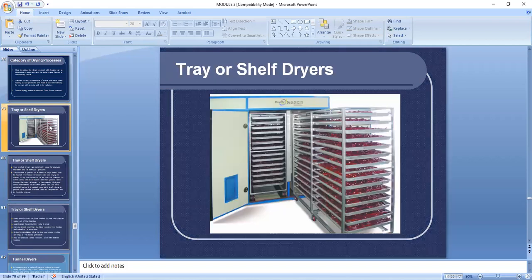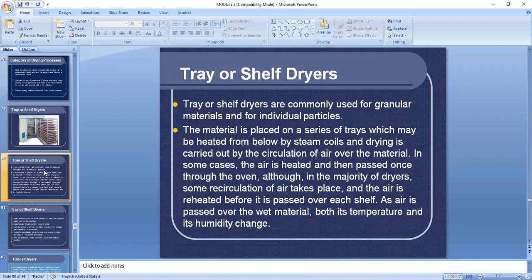So we have the tray or shelf dryers. Now they are used for granular materials and for individual particles or individual solids that need to be dried. The material is placed on a series of trays, which may be heated from below by steam coils, and drying is carried out by the circulation of air over the material.